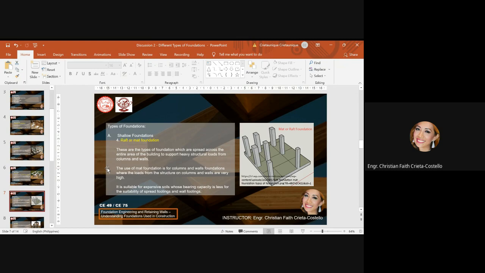This is used to prevent differential settlement of individual footings. Thus, it is designed as a single mat or combined footing of all the load-bearing elements of the structure. It is suitable for expansive soils whose bearing capacity is too low for spread footings and wall footings.